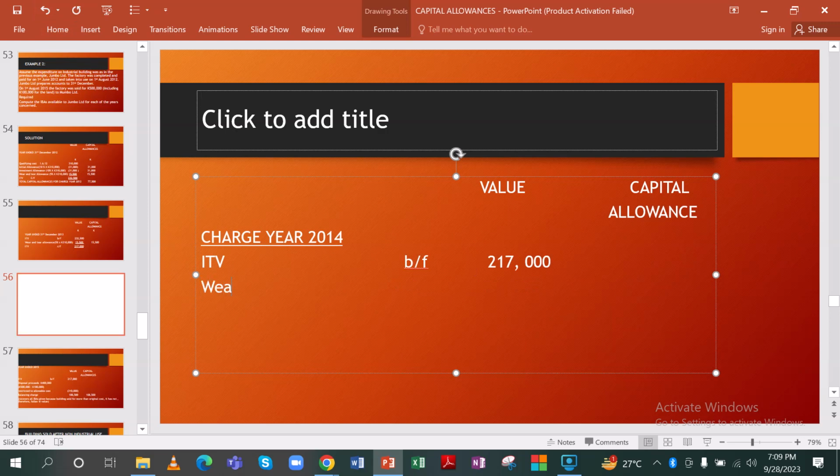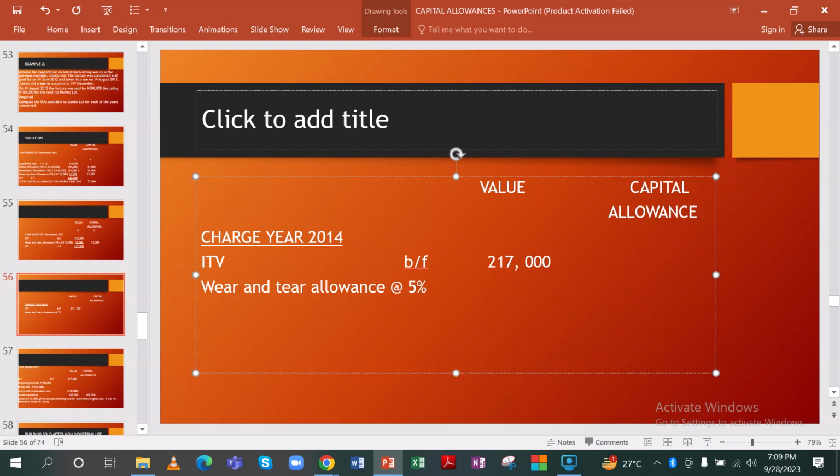That is the wear and tear allowance, which is at 5% of the original cost. So it means that we still have the 15,500. This is deducted from there, and all of it is claimable.